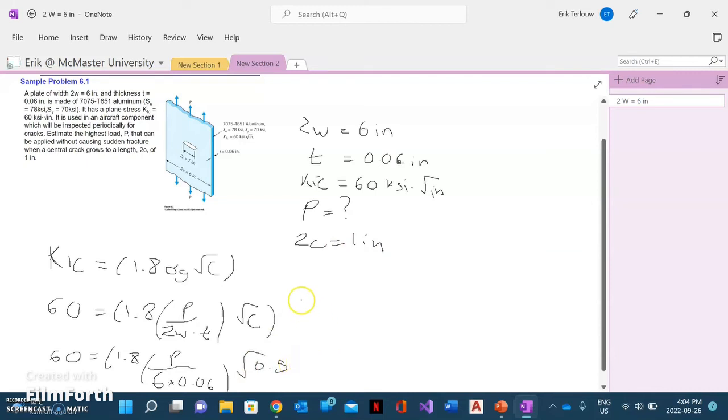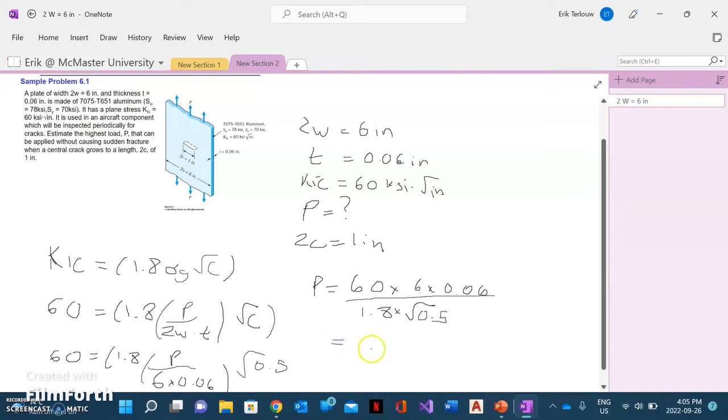Now let's rearrange that equation to equal P. P is equal to 60 times 6 times 0.06 over 1.8 times square root of 0.5.